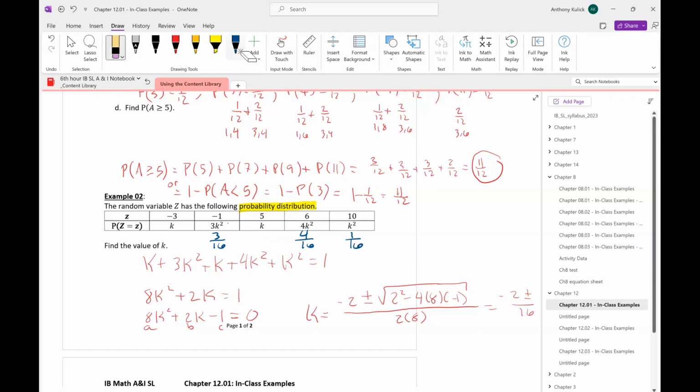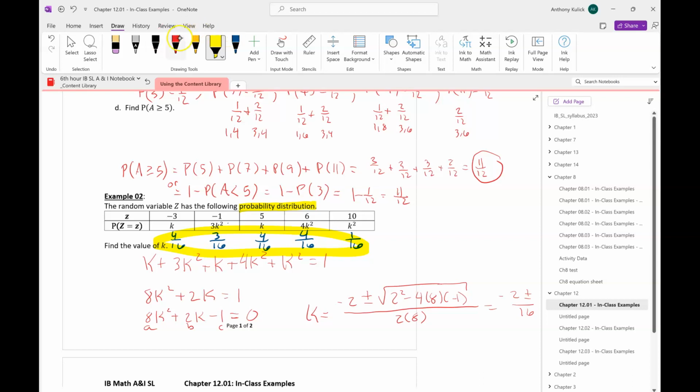I'm going to rewrite these as 4/16 to make it easier to check that we did that correctly. How do I check that real quick? Those should add to give us 1. And they do, right?